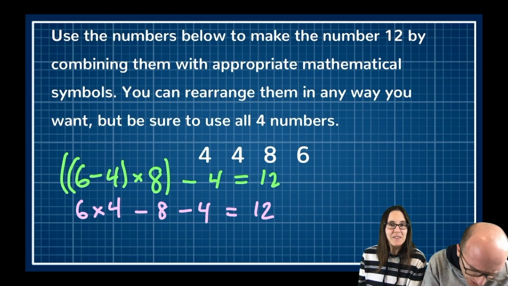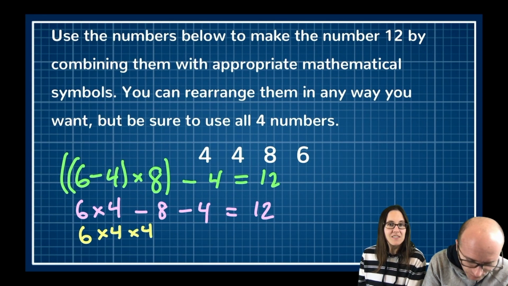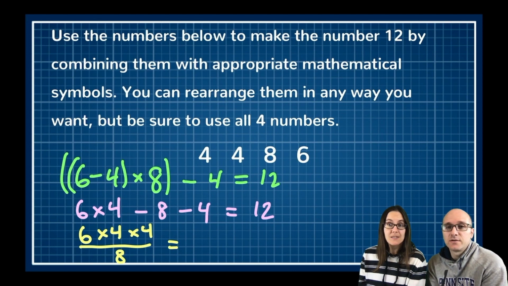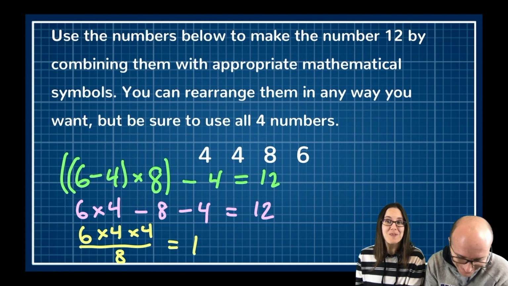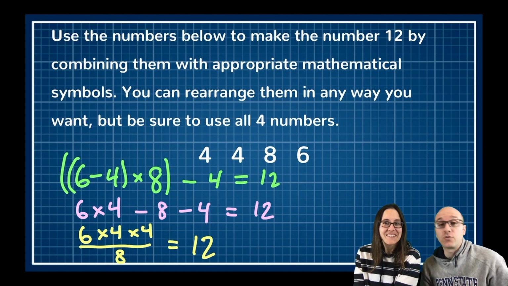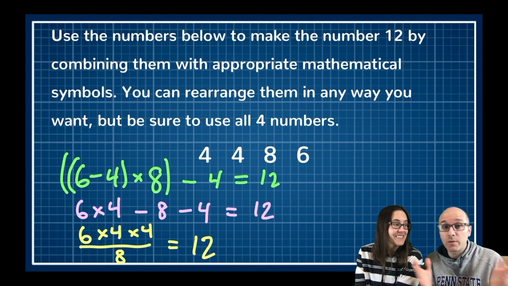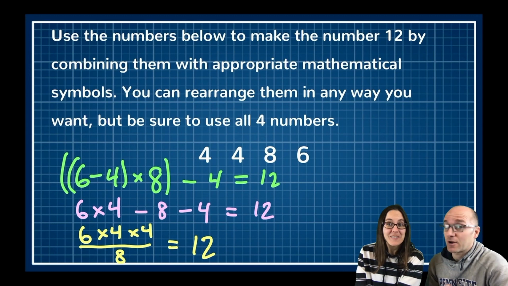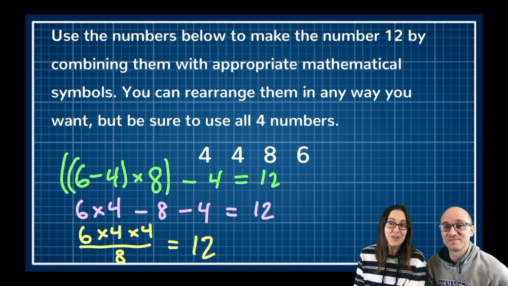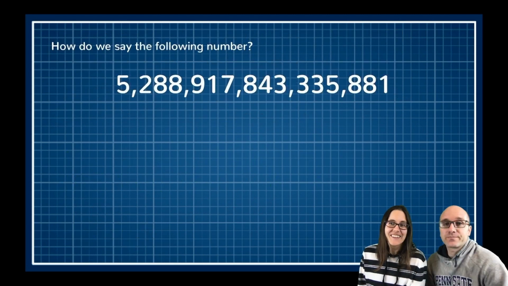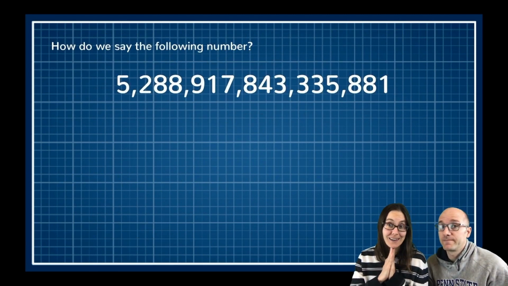If we do 6 times 4 times 4, all divided by 8. 6 times 4 times 4 is 96? 96 divided by 8 is 12. Wow. Indeed. So those were the ones that I saw and Science Mom came up with. My guess is that there are other ways of doing it. And if you came up with a different one, just put it in on your worksheet. Yeah, kudos to you. And now it's time for big numbers.